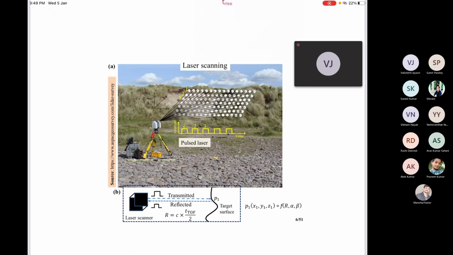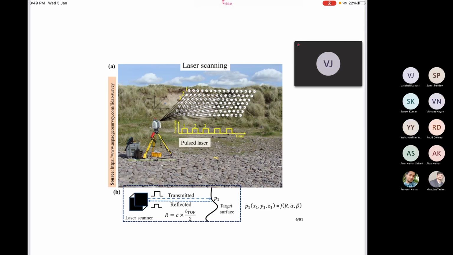Now, once we have the XYZ coordinate system mentioned in figure A, we have defined the XY plane and Z axis. To locate a point P1 in 3D space, you need to calculate two angles as well, alpha and beta, as I discussed previously in the first slide.